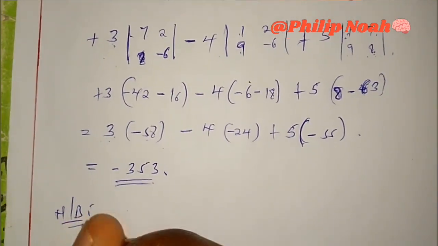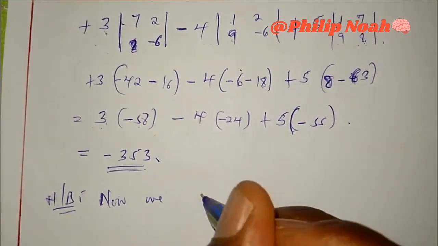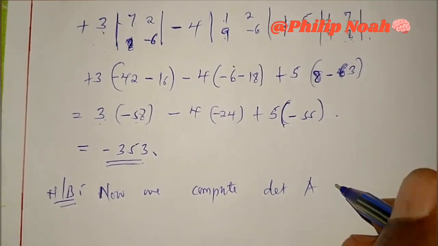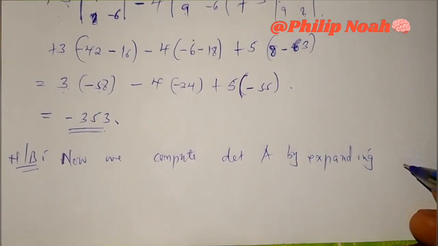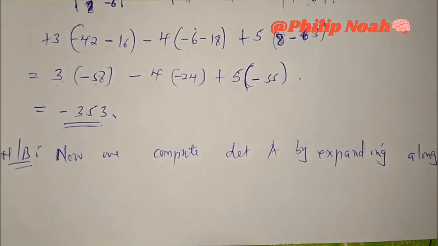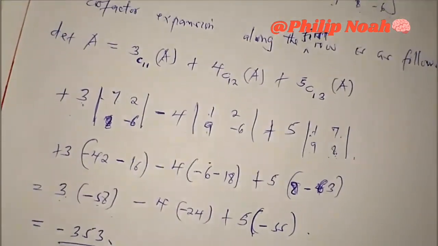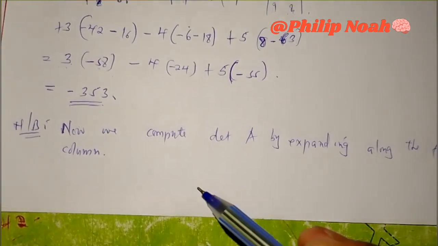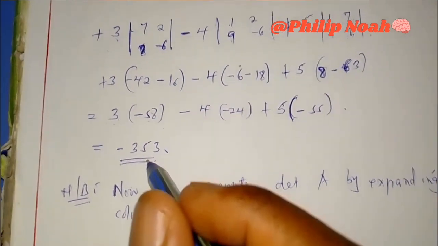I'll just write a note here and say we can as well compute the determinant of A by expanding along the first column, instead of using the other process that I have used here to get the determinant of A as negative 353.